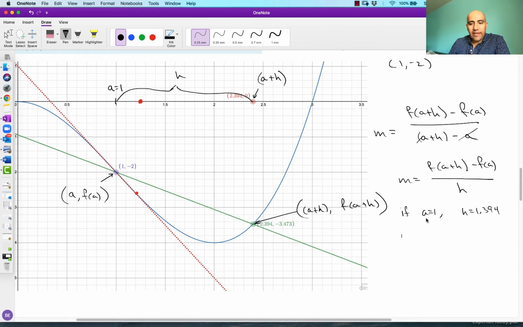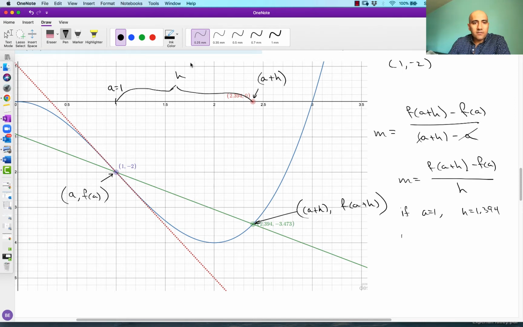Okay, well, the point is that we're going to hold a constant, because we're interested in finding the tangent line at this point. Right? We're interested in finding the slope of the red tangent line at this point. So we're going to hold a equals 1 constant, and then we're going to examine what happens as h gets closer and closer to 0.